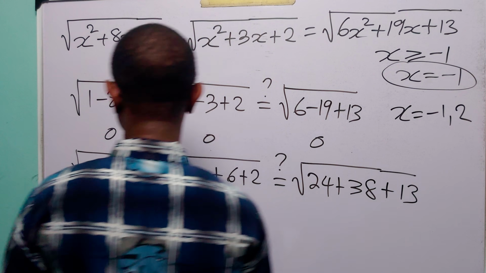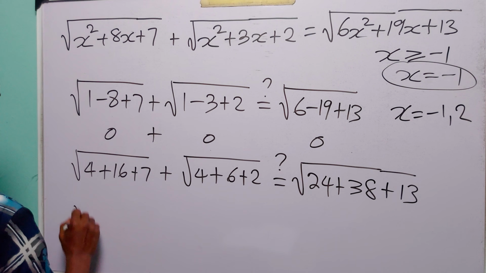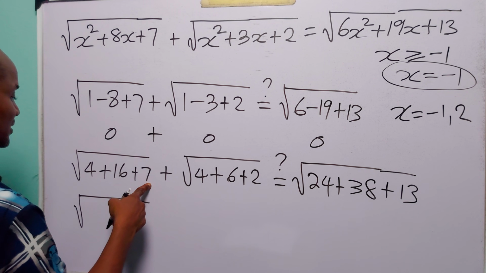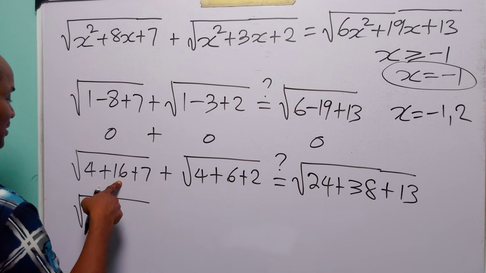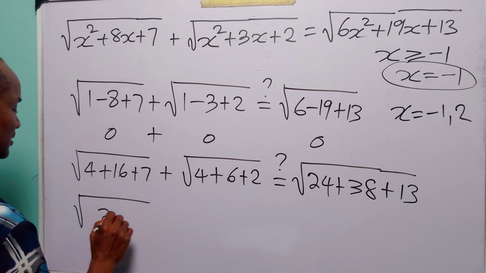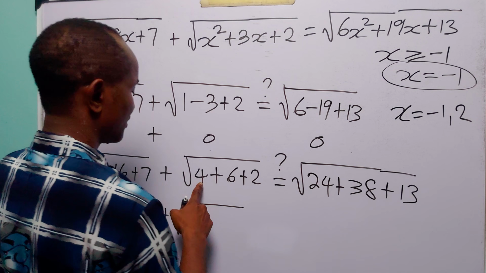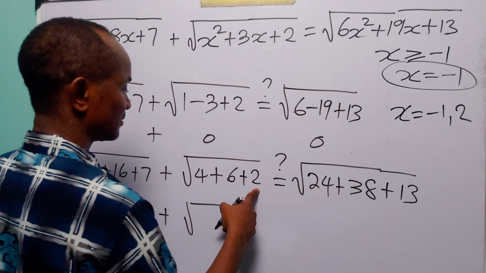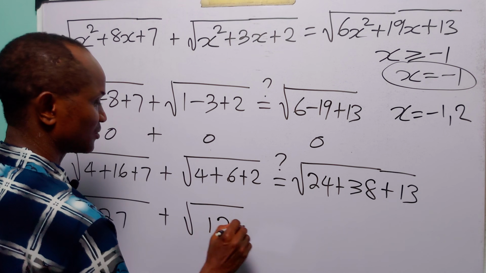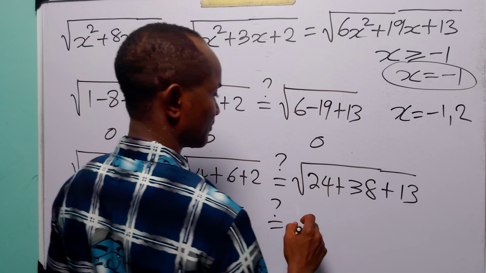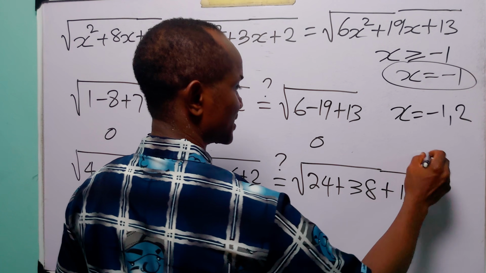And 13. 4 plus 7 is 11 plus 16, that is 27. 4 plus 6 is 10 plus 2, 12. 24 plus 38.